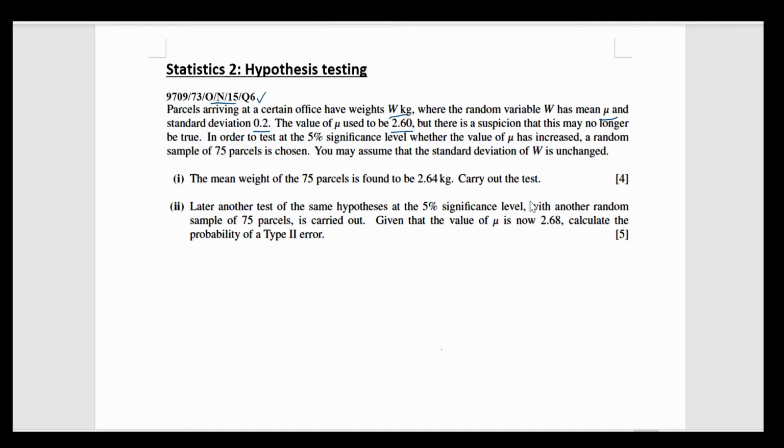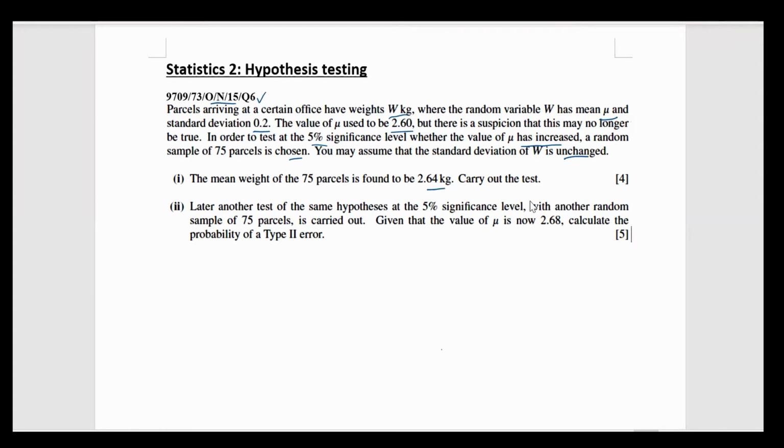In order to test at the 5% significance level whether the value of mu has increased, a random sample of 75 parcels is chosen. You may assume that the standard deviation of W is unchanged. Part 1, the mean weight of the 75 parcels is found to be 2.64 kg.